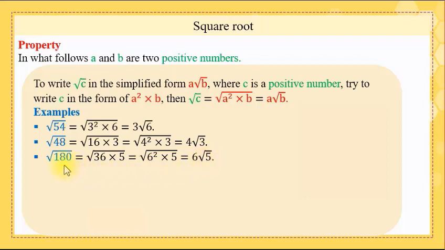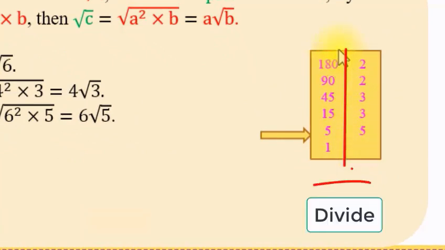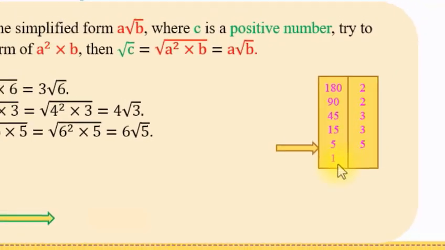Okay. It is not easy to decompose 180 like that, 36 times 5. So we may sometimes use the prime factorization. To use a prime factorization, we write 180 and then we draw a vertical line. Then we divide 180 by 2 equals 90, by 2 equals 45, by 3 equals 15, by 3 equals 5, by 5 equals 1.